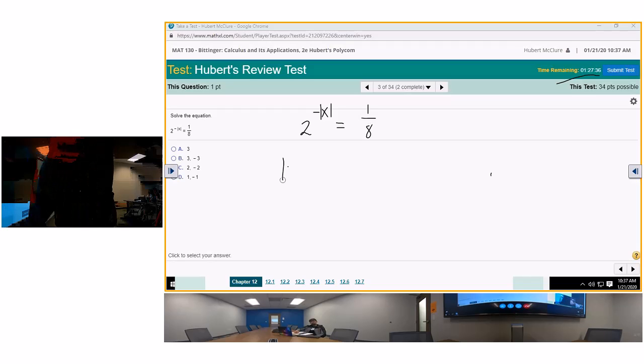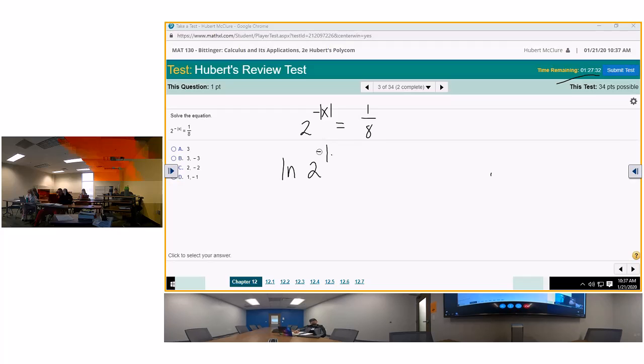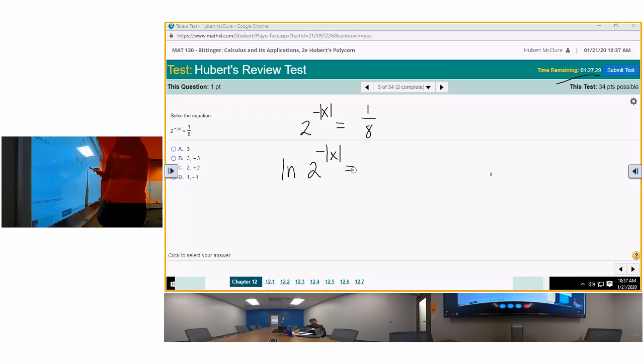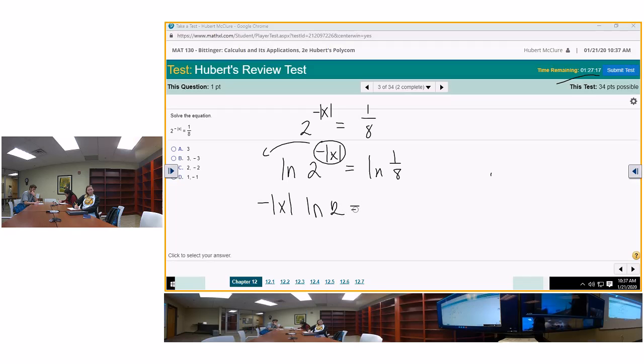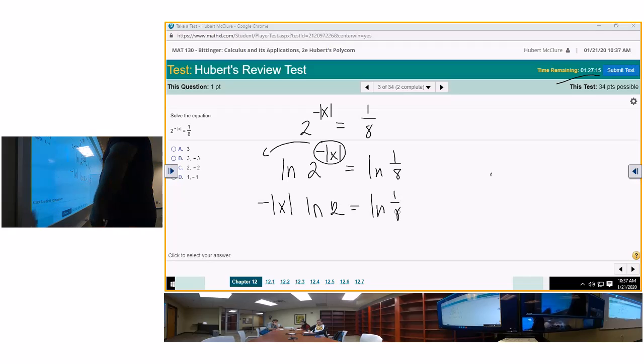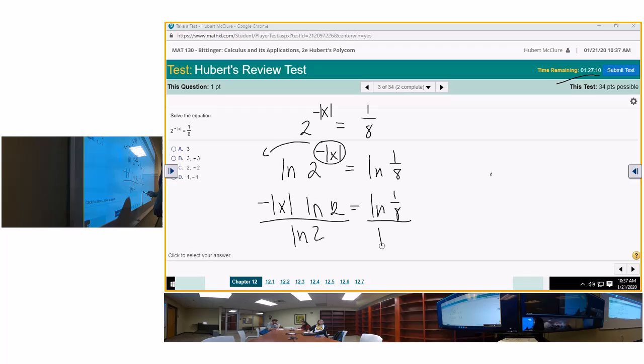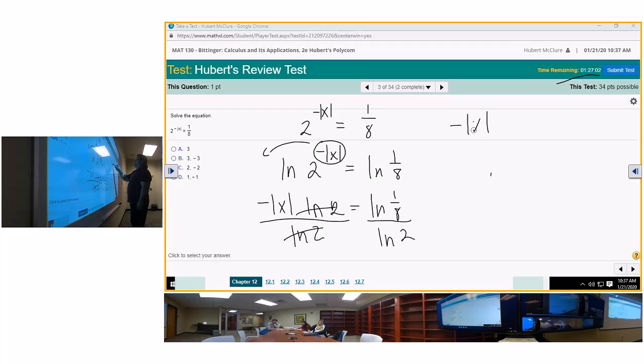Take the log of both sides. Is that negative absolute value of x? Use the power rule. Divide, because the natural log of any number is just a number. So negative absolute value of x.